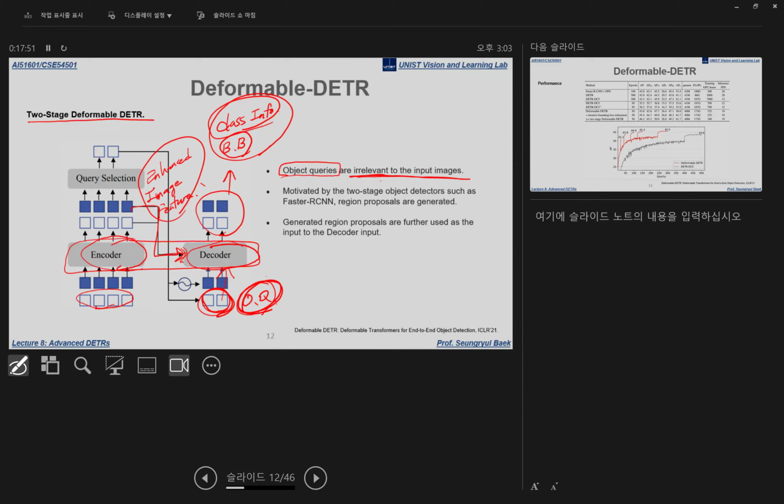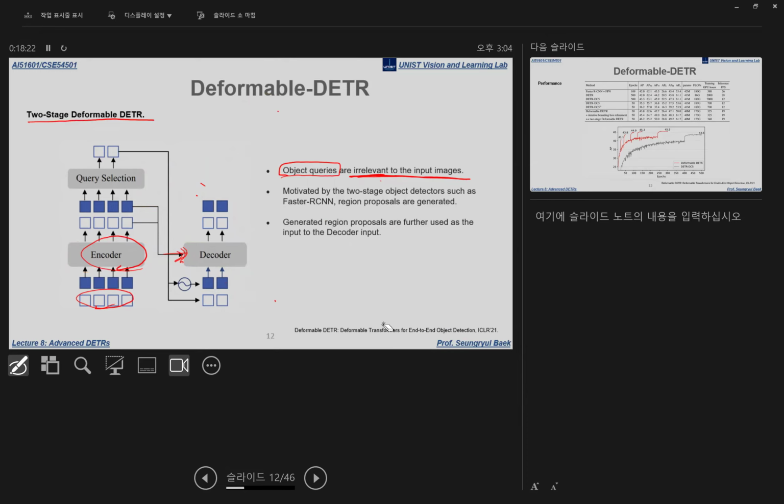For example, the assumption is that if we can give some image information to these object queries, mapping to this class information and bounding box information might be accelerated. That was the original assumption.